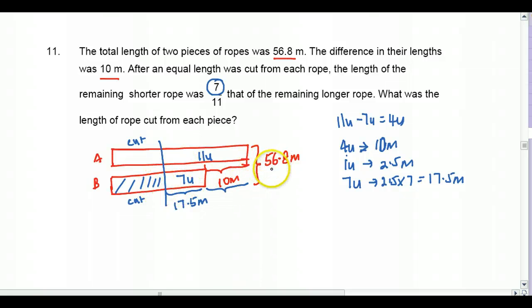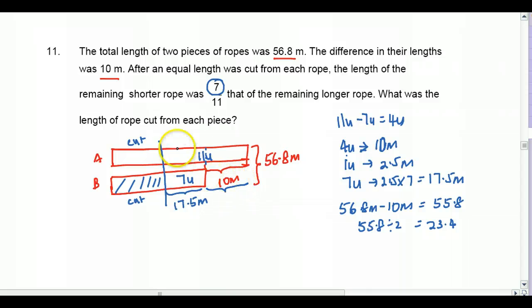I can take 56.8 minus 10 meters, which equals 55.8, and I take 55.8 divided by 2, which is 23.4 meters.